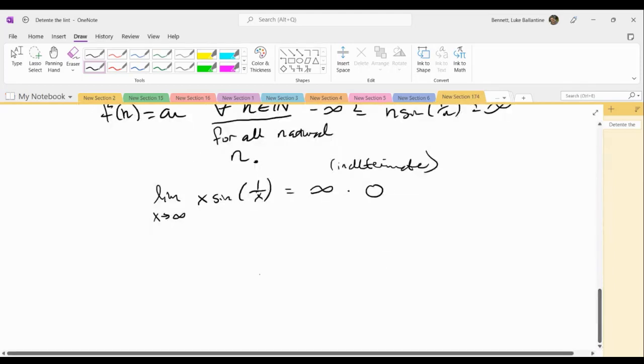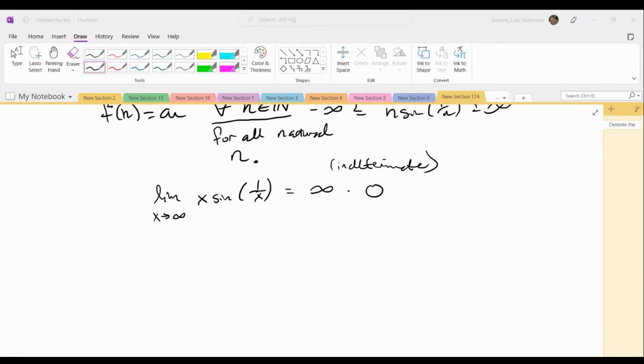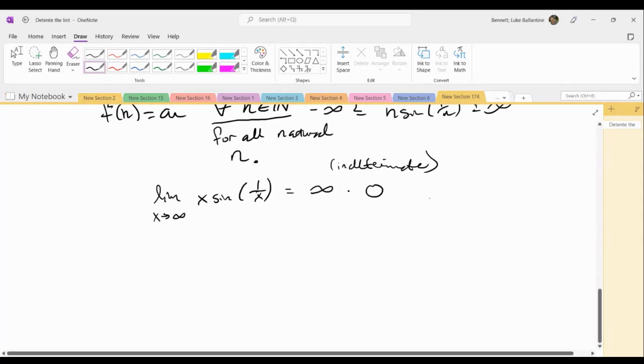This is indeterminate form, but it's not the correct indeterminate form to use L'Hopital's rule. Remember, to use L'Hopital's rule, it has to be either 0 over 0 or infinity over infinity. So we're going to rewrite this in a special way. We're going to rewrite this as the limit as x goes to infinity. So we're going to keep sine in the numerator, but we're going to change this to have a denominator of 1 over x.